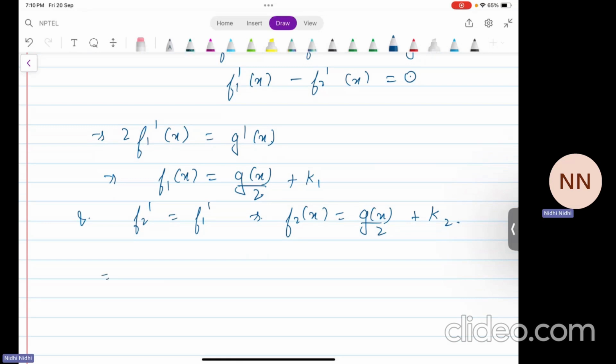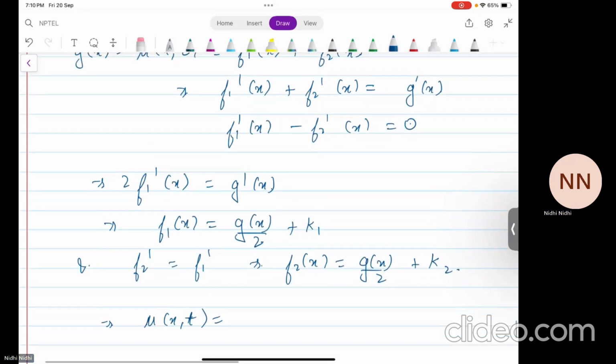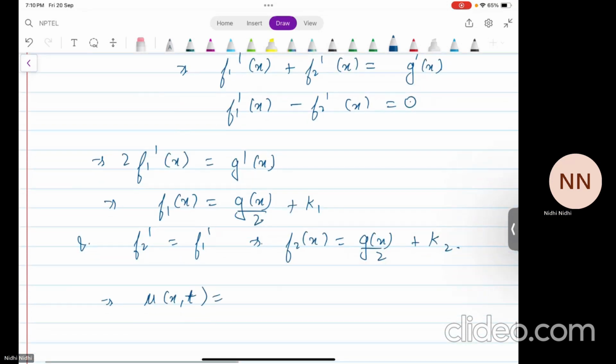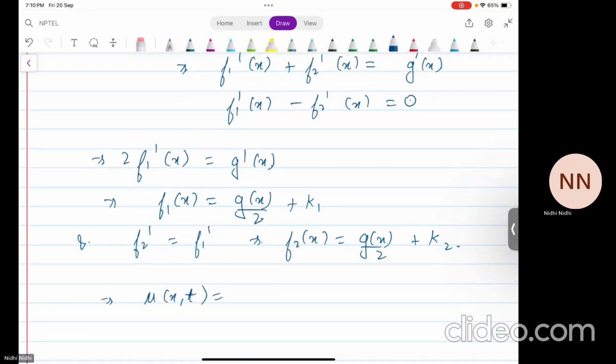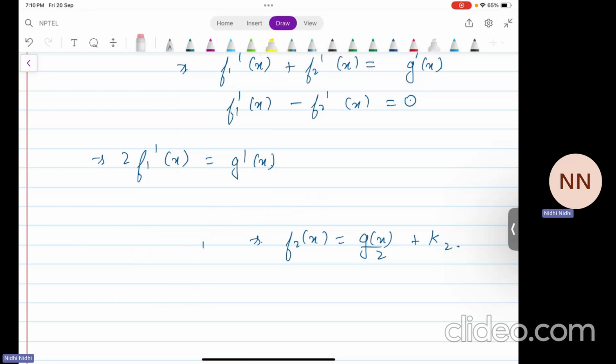This implies u x t is equal to, let's integrate it properly so that we know what the constants will be.